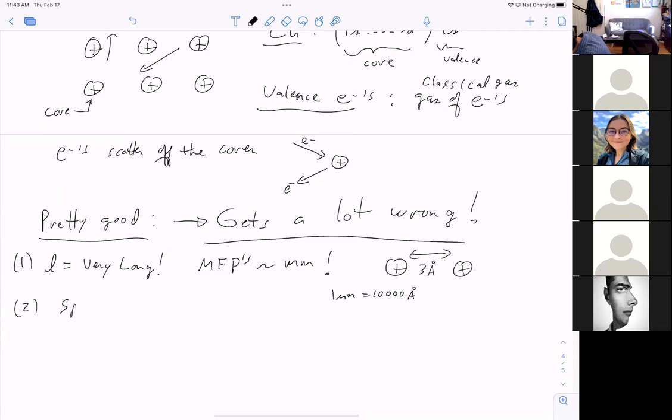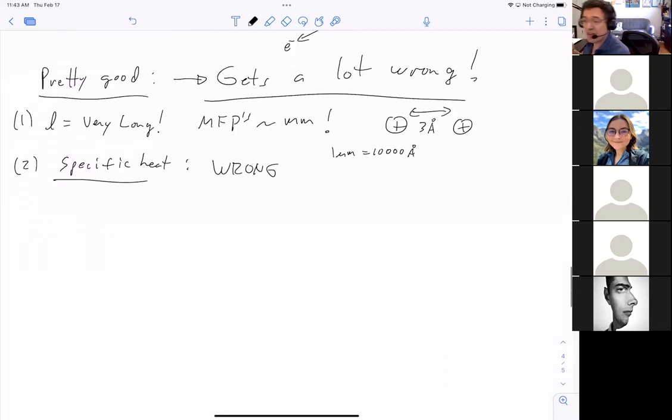The next failure is the specific heat. Classically, the Drude model got it completely wrong. Because classically, we know the specific heat. We actually derived it in class. The specific heat for a classical gas is totally trivial to derive. The specific heat is du/dt, and the classical u for a gas is 3/2 nkT.